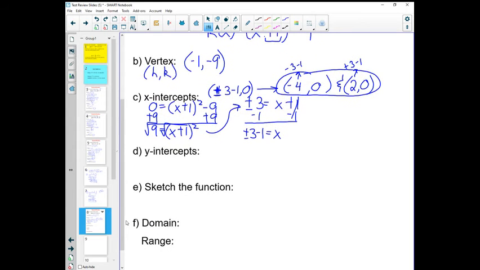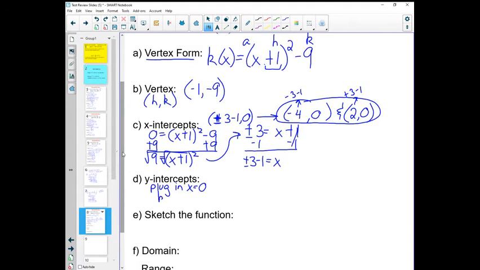To find the y-intercept, I'm going to plug in x = 0 and solve. So k(0) = (0 + 1)² - 9. When you solve that equation, k(0) evaluates to be -8.